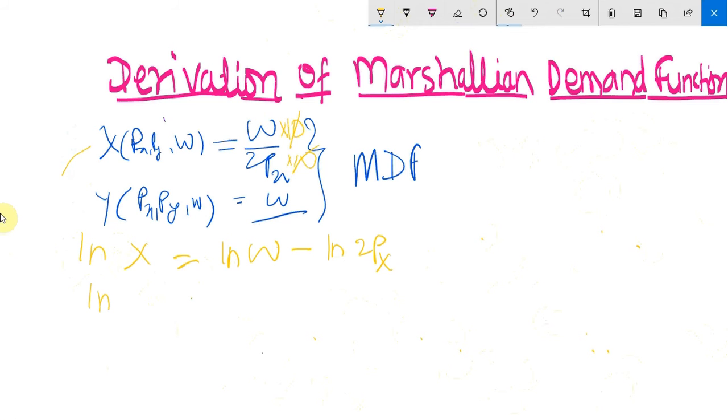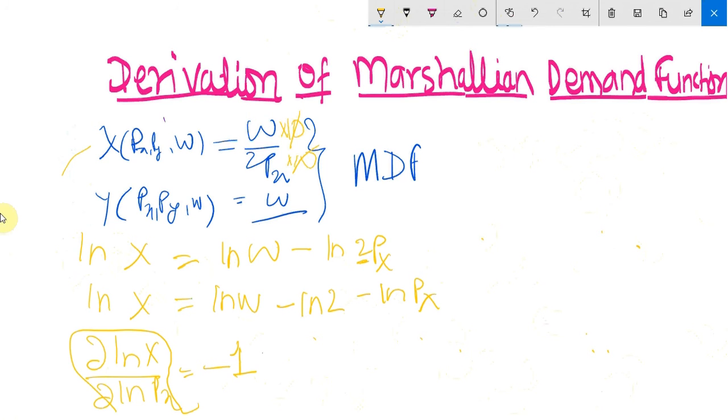So this can be further expressed as log x is log w minus log 2 minus log px. So now we differentiate log x with respect to log price of x, and its value is -1. So this differential operator shows the percentage change in quantity demanded of x due to percentage change in the price of x, which is nothing but price elasticity. So this is EPX is 1.